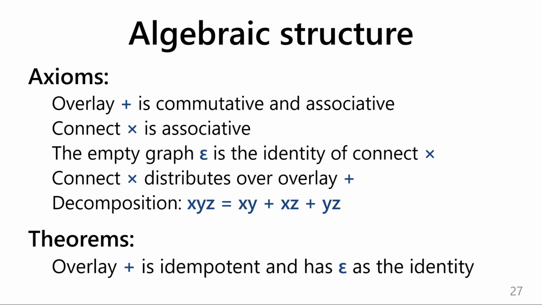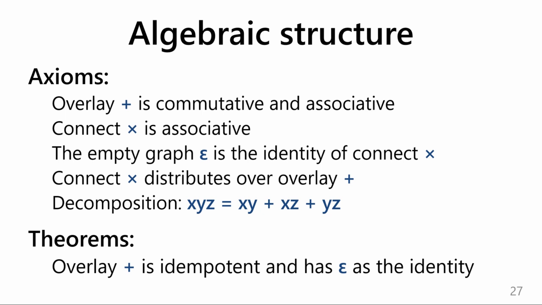So this is the algebraic structure we have. The top points here are exactly the same as in arithmetic. Overlay is commutative and associative. We have the empty graph, which is the identity of connect, and multiplication distributes over overlay. But by adding this axiom, we suddenly change things dramatically, and we go from numbers to graphs.